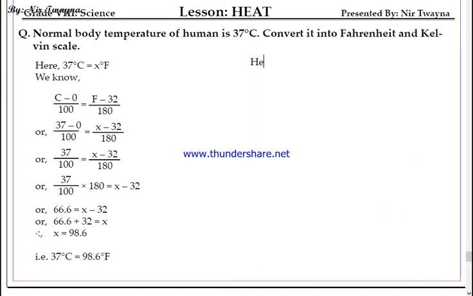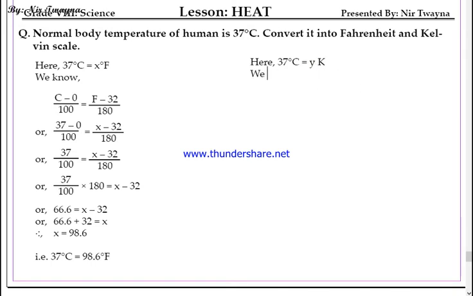Here 37 degrees Celsius is equal to, let's say y Kelvin. We do not know how many Kelvins there are in 37 degrees Celsius, and also point out that Kelvin does not have a degree. Kelvin is simply a scale.